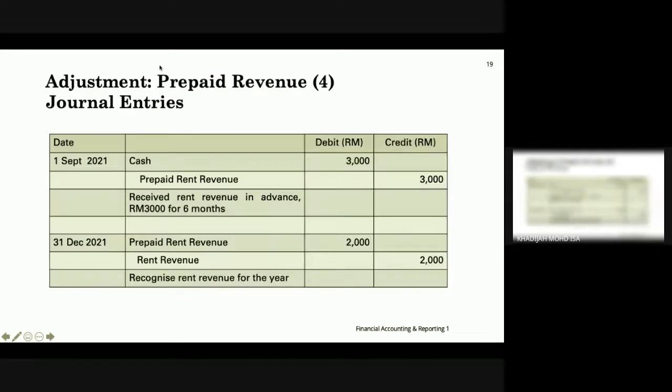Okay. So when you receive the cash rent revenue, you receive cash 3,000, you credit your prepaid rent revenue or unearned revenue. This one is a credit because it's a liability. Then when it comes to 31st of December, you debit your rent revenue 2,000 and credit your rent.